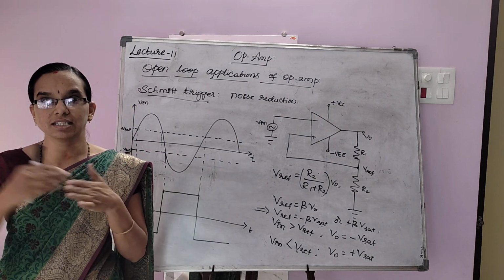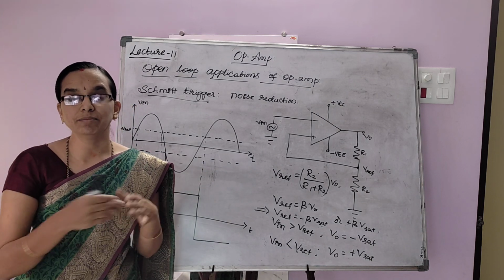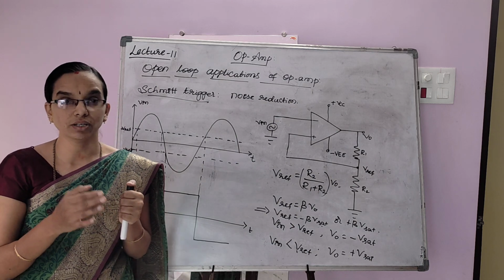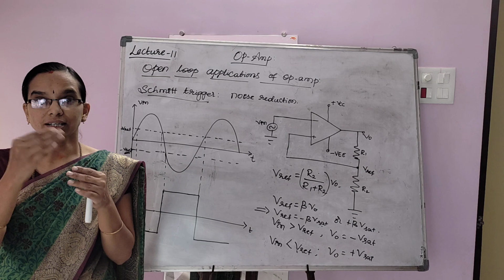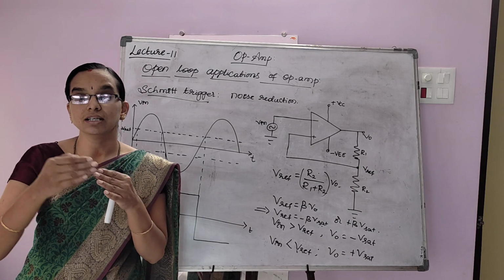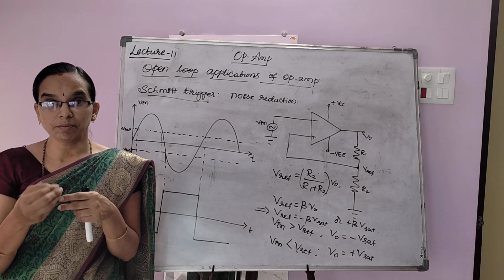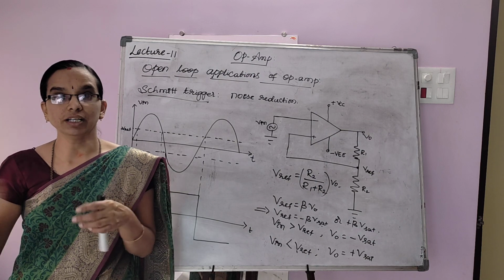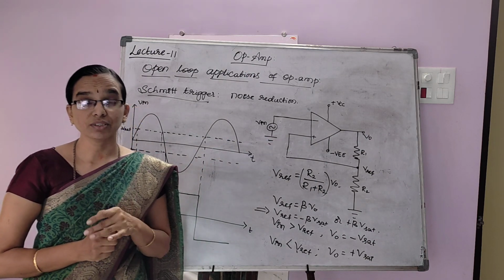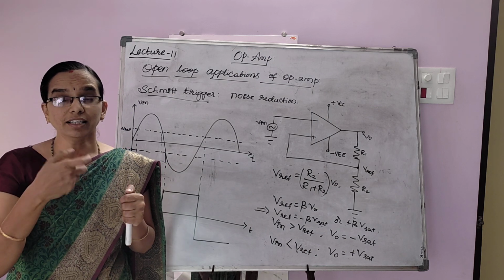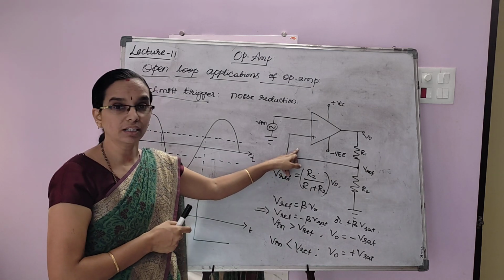The temperature signal is converted into an electrical signal by using a transducer. So the temperature sensor senses the temperature of the room and it is given to the input of the comparator or Schmitt trigger. And the reference voltage will be here.